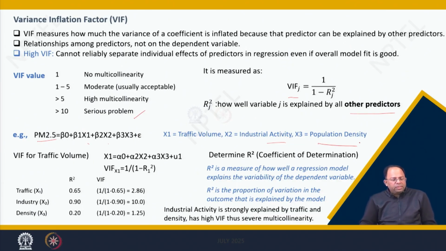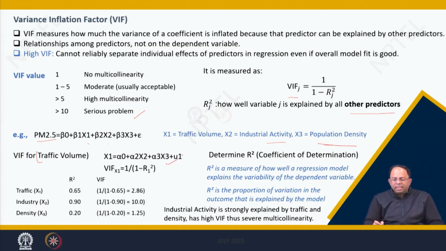Now what we do is we take the three predictors together: traffic volume, industrial activity, and population density. Then we do predictions like this. We take one of them. Suppose we are doing VIF for traffic volume. In that case, we take x1 is equal to, this is another equation we are forming. Once we have done that, we can determine the R square value amongst all these parameters.